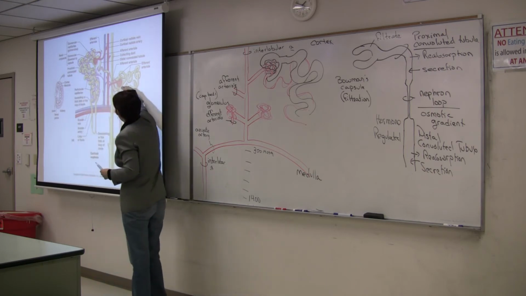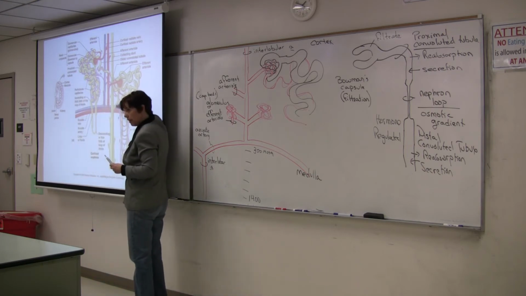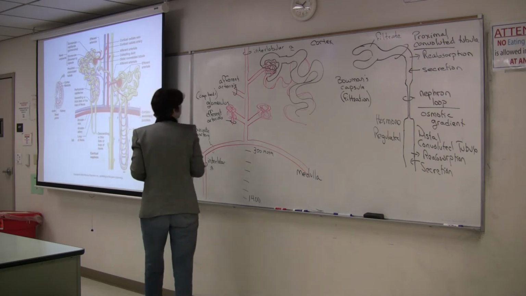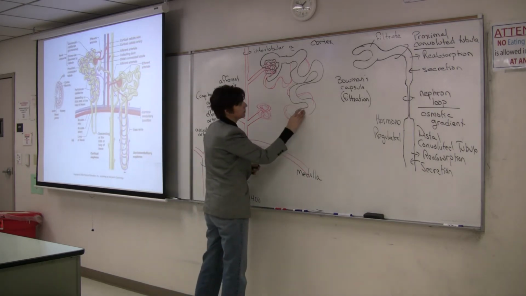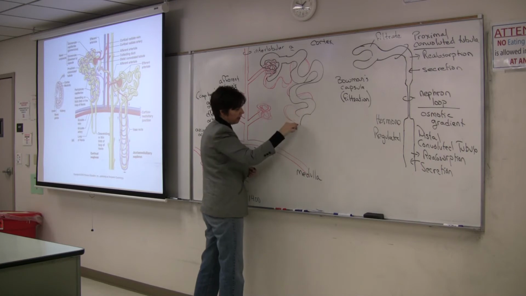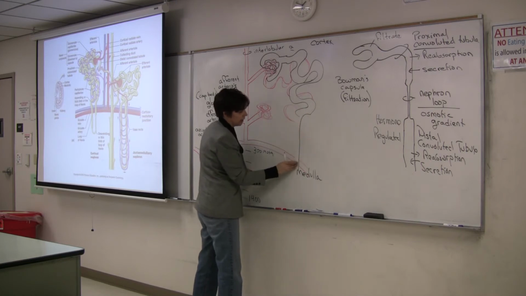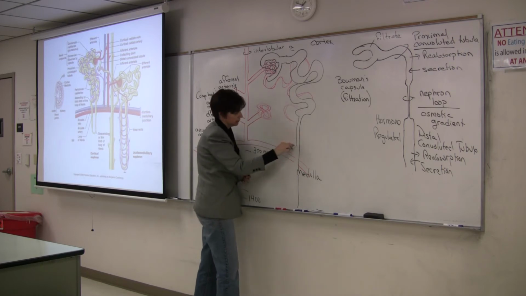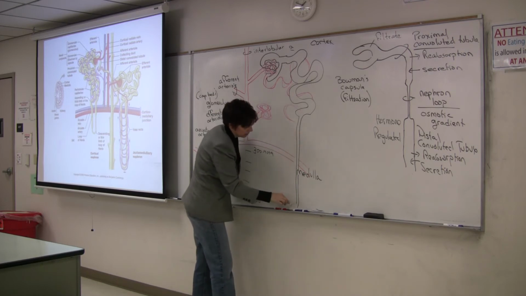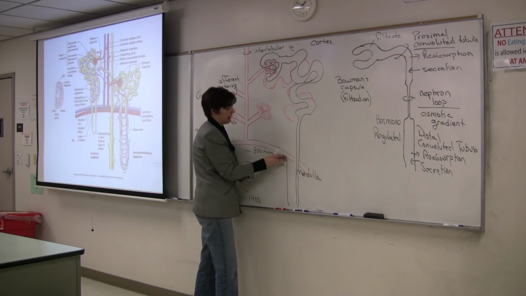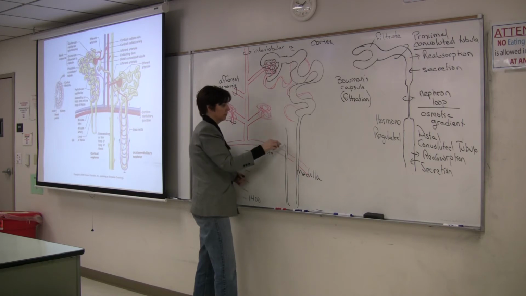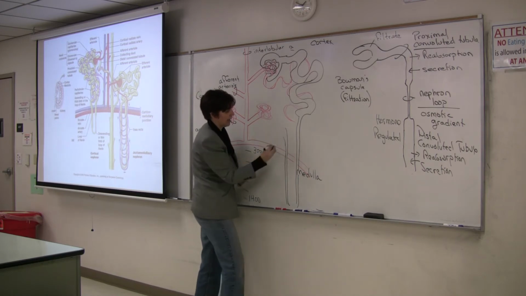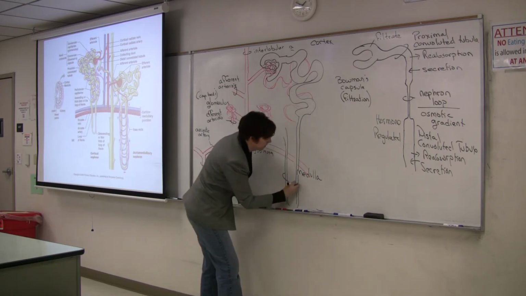If it's a nephron that's close to the arcuate artery, then its nephron loop is going to descend deep down into the medulla and come back up again. Okay, so this would be the nephron loop.